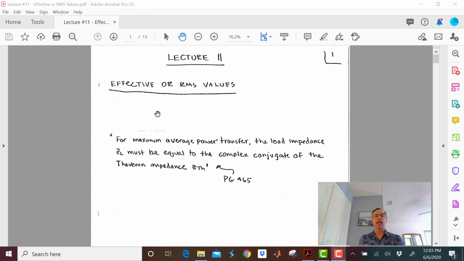You might remember in the last lecture, I gave you a little banana peel tricky interview question where I said, given this load, tell me what the source impedance should be for maximum power transfer.